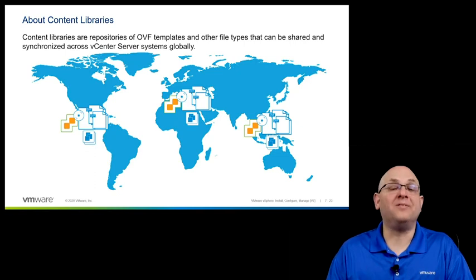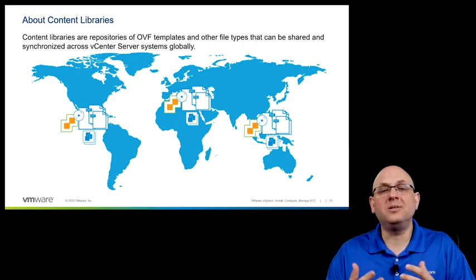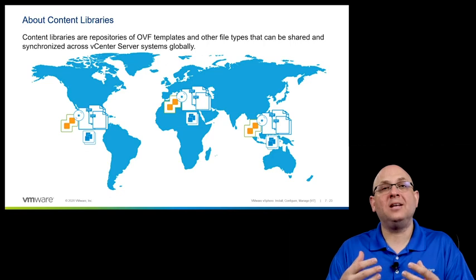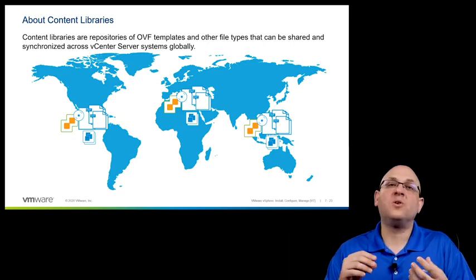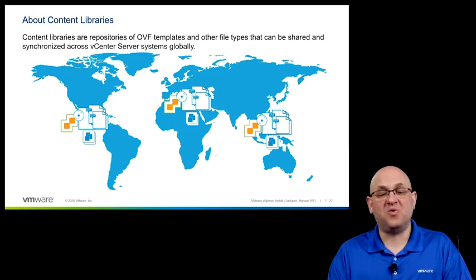Should you have multiple vCenters in your environment, should you have multiple remote data centers and the like, you can use content libraries to really gain good control over the way that your templates and your virtual machines are configured.